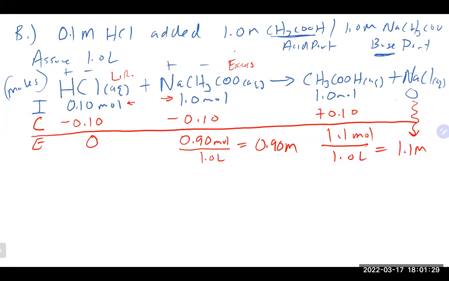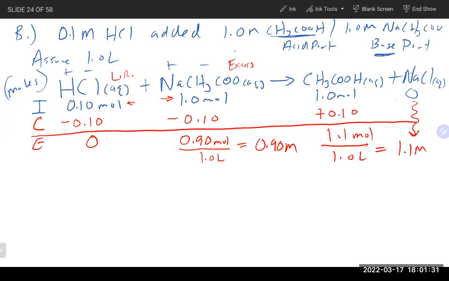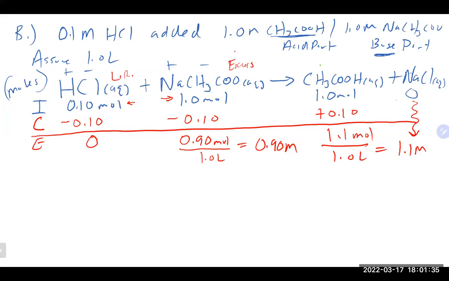Now, at this point, you did this ICE table, you're proud of yourself for doing that, and you should be, but maybe you're not sure what's going on at this point. The ICE table does give you a lot of information. If we look at it, we can see what we have left over, which is basically sodium acetate and some acetic acid.